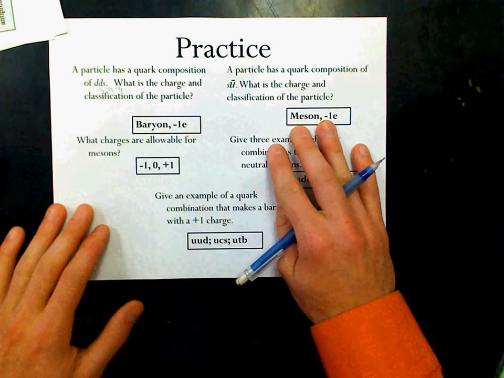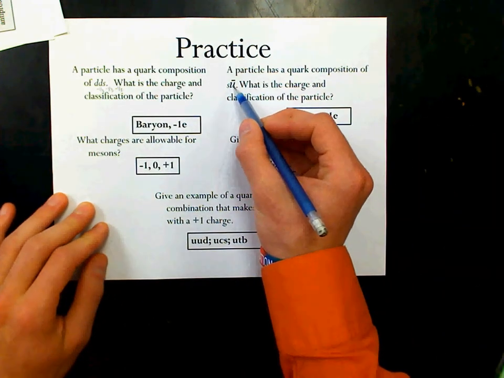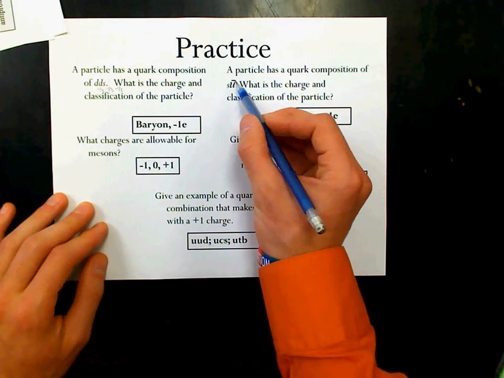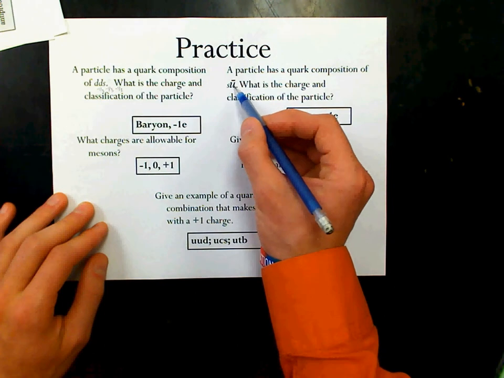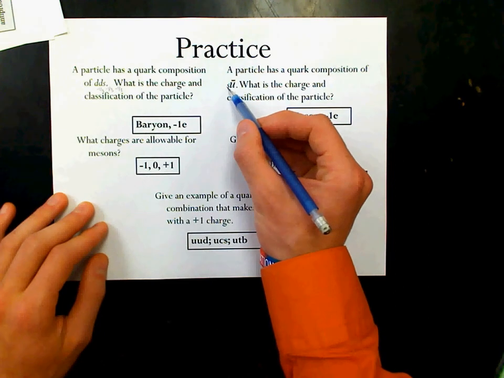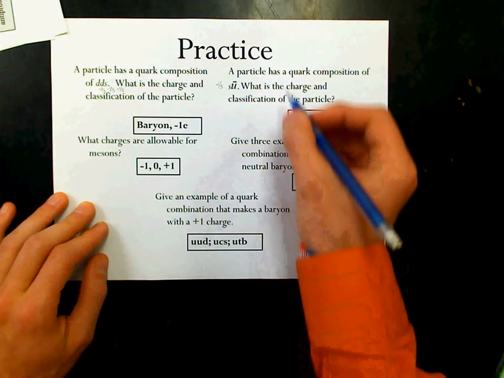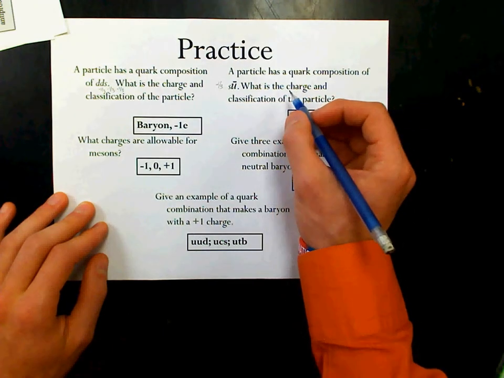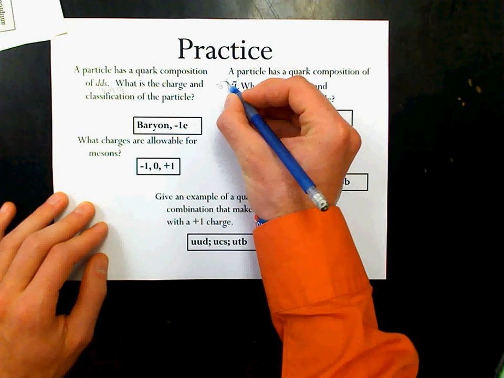Try this one out. This time we have a strange plus, what would this be? This is a U with a little bar across the top. This would be an anti-up. Recall, anti means opposite charge. So if we have a strange that has a charge of -1/3, and we have an up, normally ups have +2/3, but since it's an anti, that'll be -2/3.